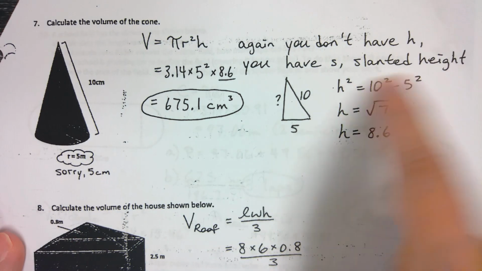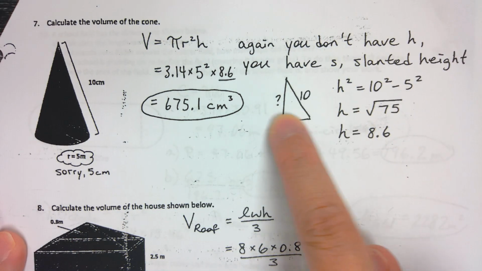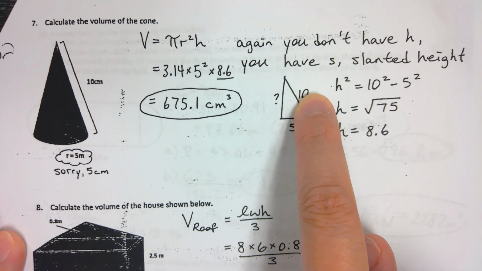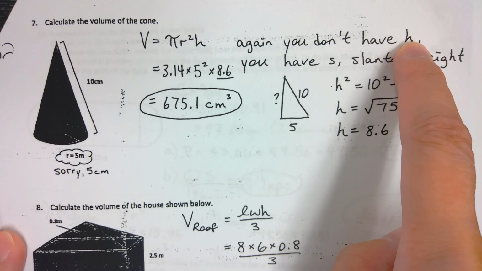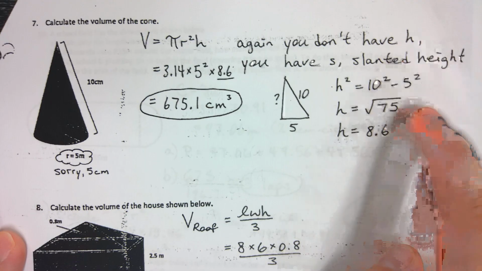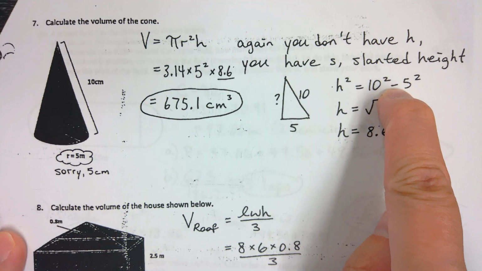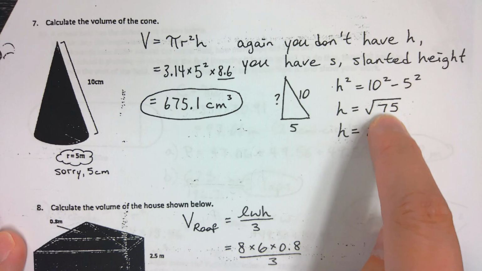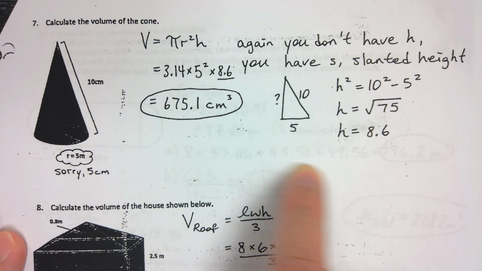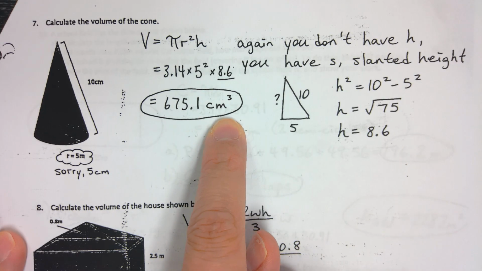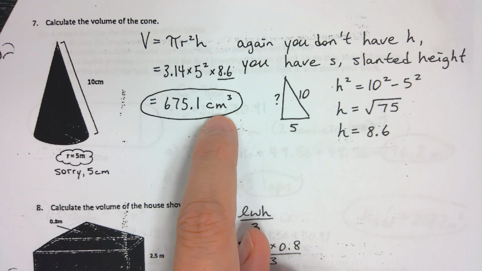So you had to do Pythagorean theorem. Since you're looking for the actual height, yesterday we talked about this in class. When you're looking for height, you're doing the subtraction. So 10 squared take away 5 squared, you get root 75. So the height is actually 8.6. Now sub it in, and then you get your volume. Volume unit is centimeter cube.